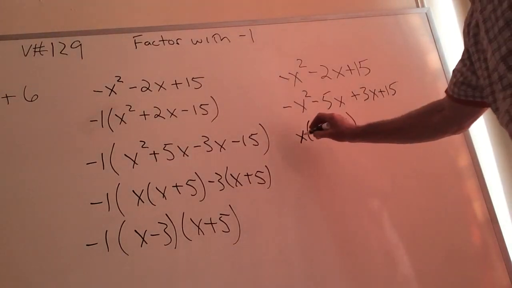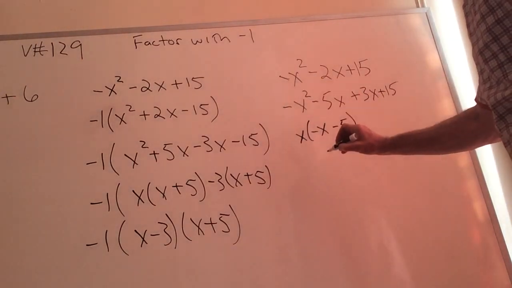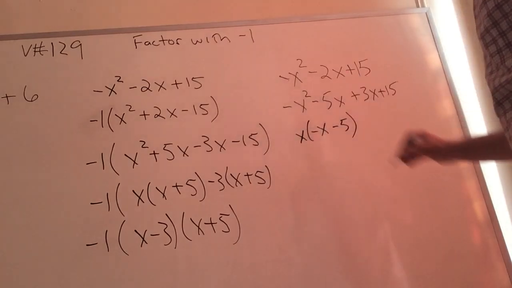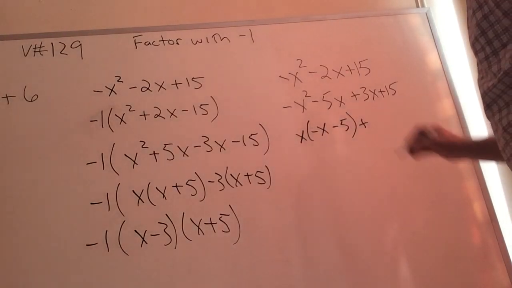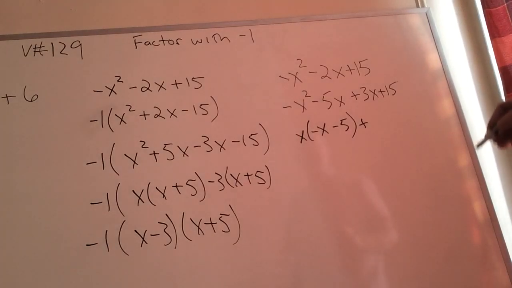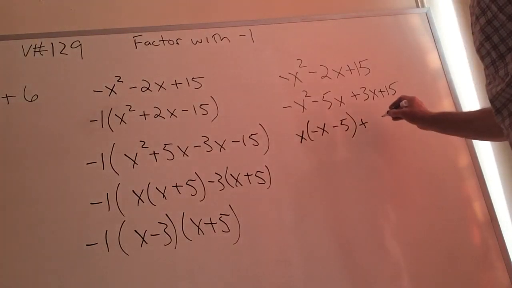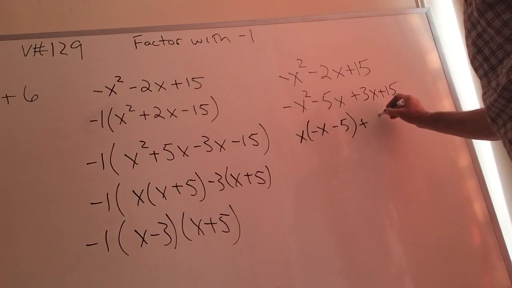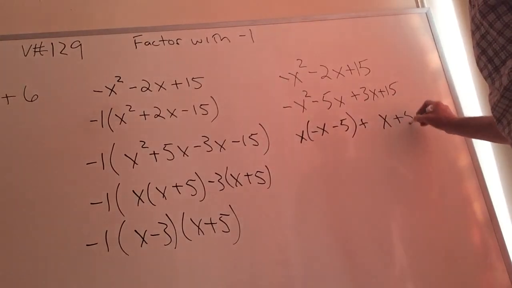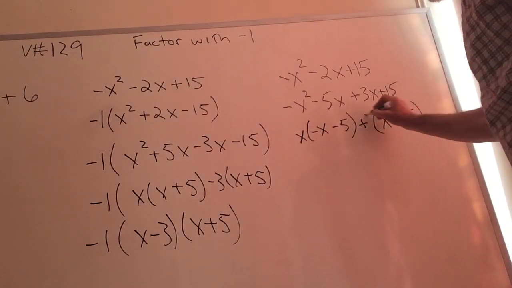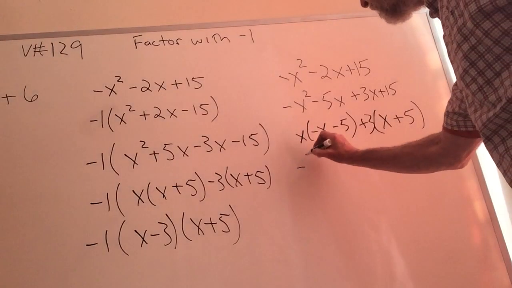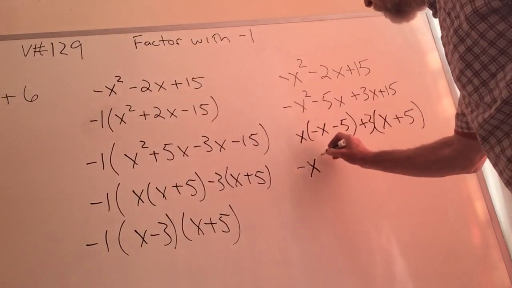And check yourself now. X times negative x is negative x squared. X times negative 5 is negative 5x. And then I'm going to take a good look at this and then look at this over here and decide that it's much better to factor out, and then I'll just write this over here. I'll write x plus 5 because I'm going to do something here. And now I'm going to factor out the negative 1. So there we go.